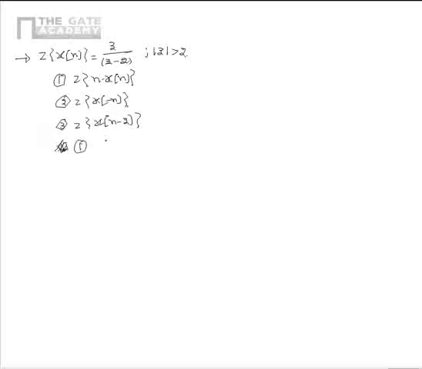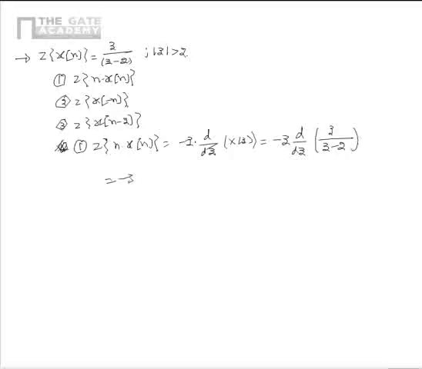Now let us consider the first one, as per which we need to find the z transform of n into x of n, which becomes minus z into d by dz of x of z. This is equal to minus z multiplied by d by dz of z by z minus 2.